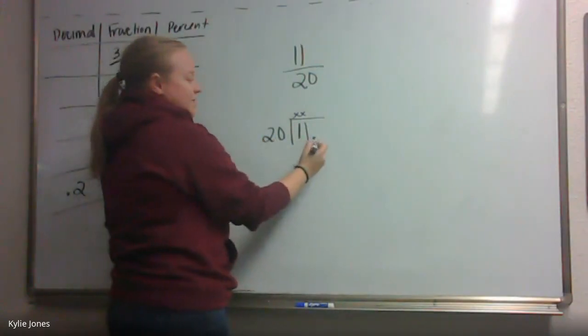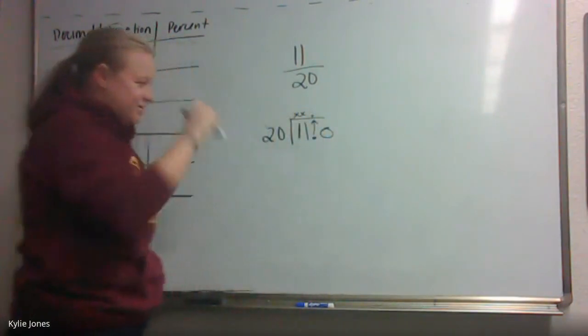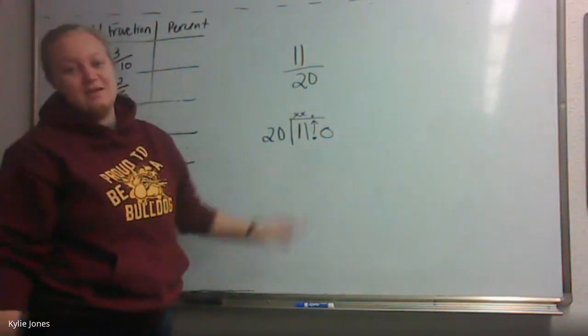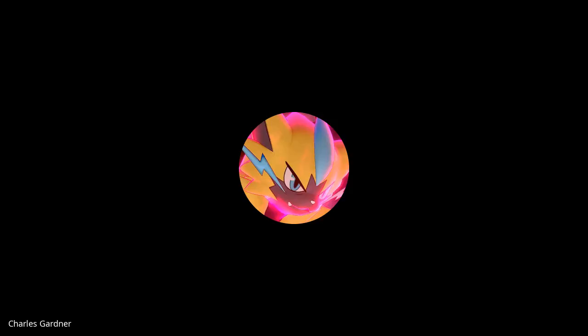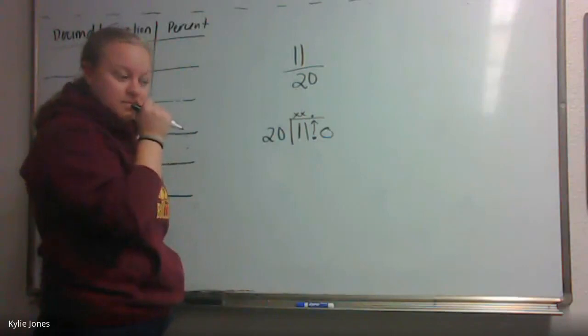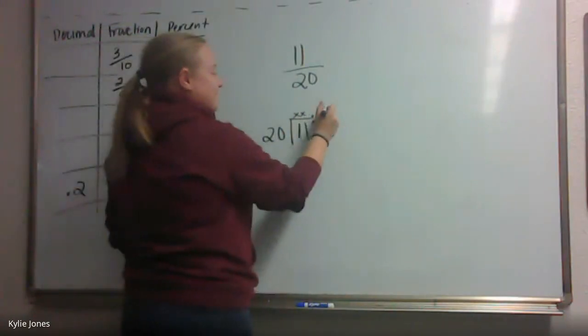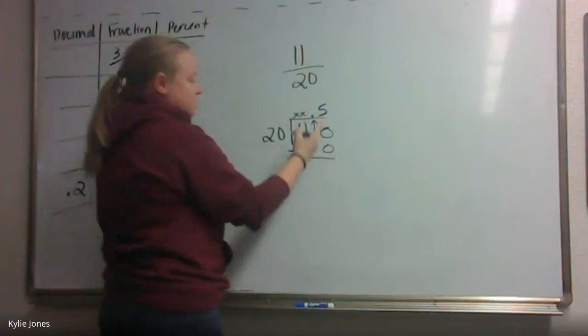So we're going to add our decimal and a 0 and bring up our decimal. Now, does 20 go into 110? How many times? More than one. It's 5. 5 times 20 is 100.